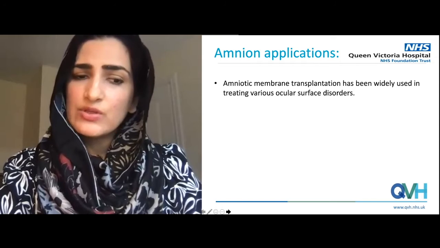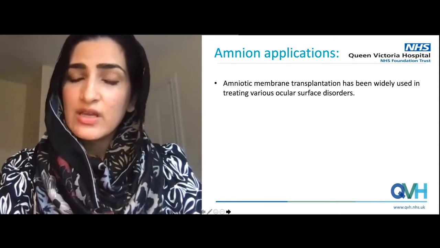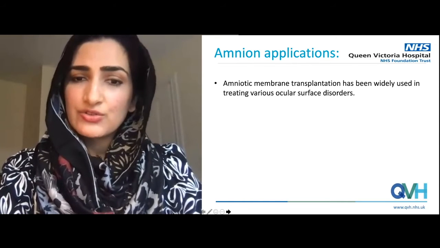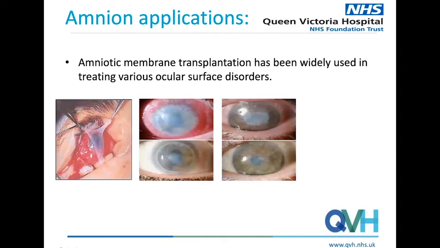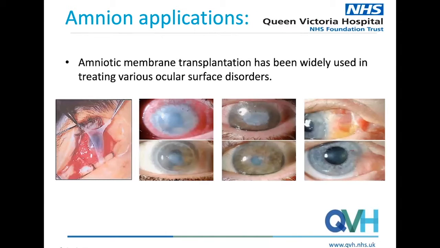Within 20 years, we had more than 700 peer-reviewed publications on its use and outcomes. I'm just going to highlight some of the uses we have seen in the literature: ocular surface reconstruction, persistent epithelial defects, and a somewhat controversial use in amniotic membrane grafting following pterygium excision.